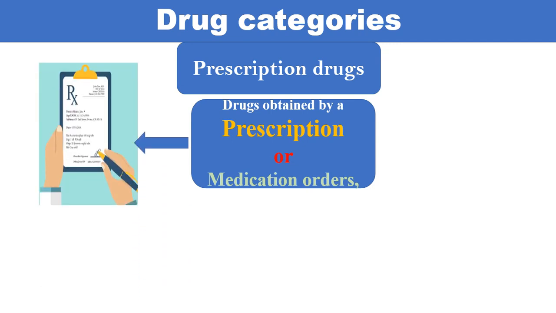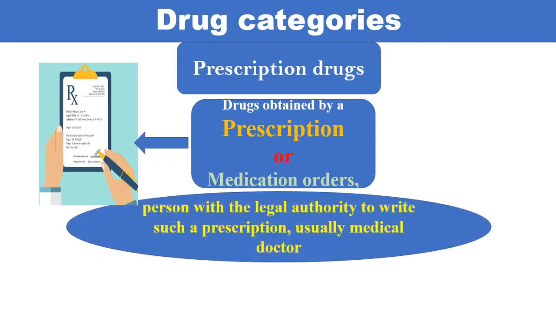This is what we call a Rochette, a prescription drug used by order, written by a person with legal authority to write such a prescription, usually doctors. The doctor writes and gives it, and the pharmacy legally gives it to the patient.